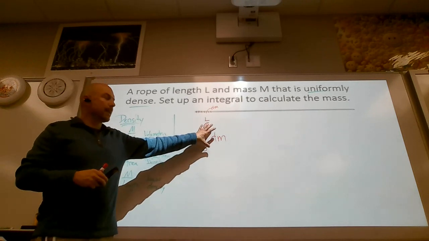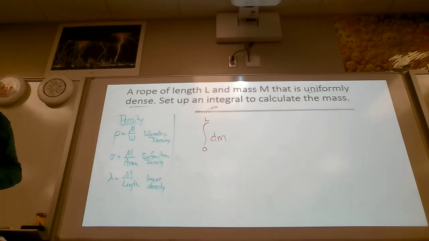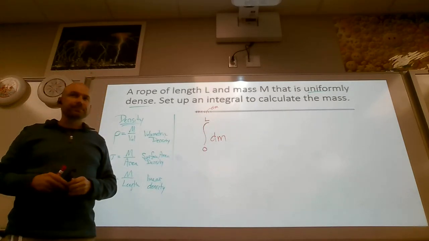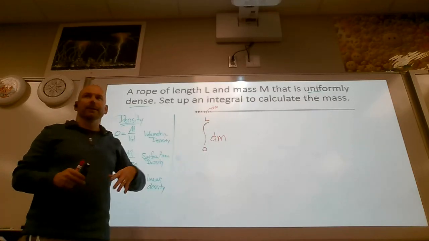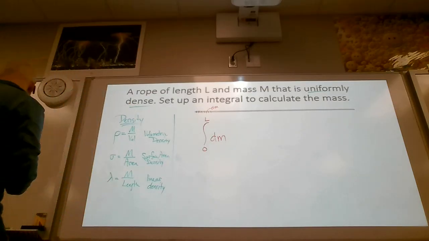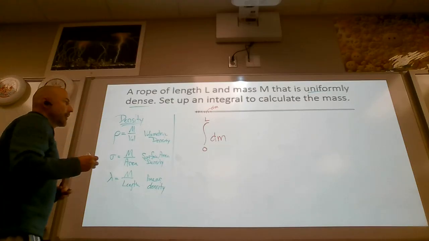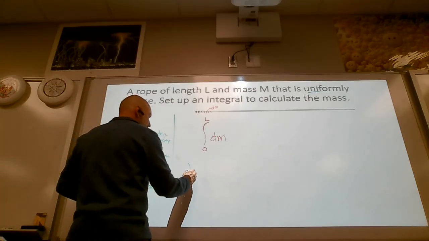Can I evaluate it like this? Thumbs up, thumbs down. In this form, can I evaluate it like this? This unit does not agree with that unit. We got kilograms, we got meters. Definitely not. Okay. This is where our uniformly dense relationship comes in.